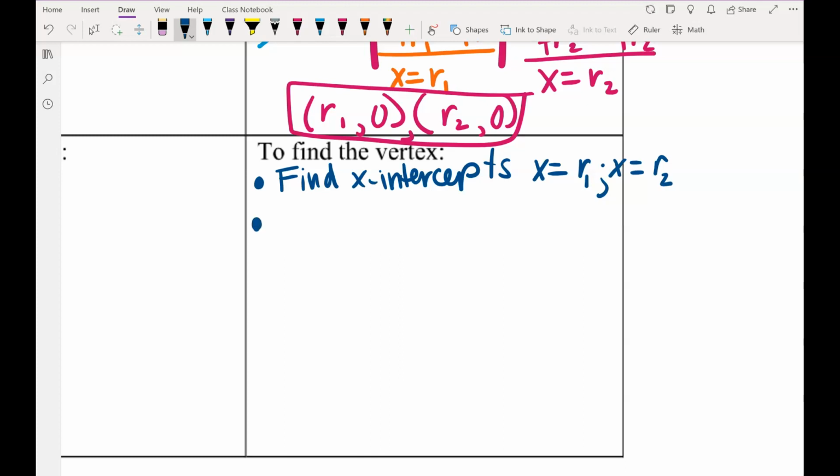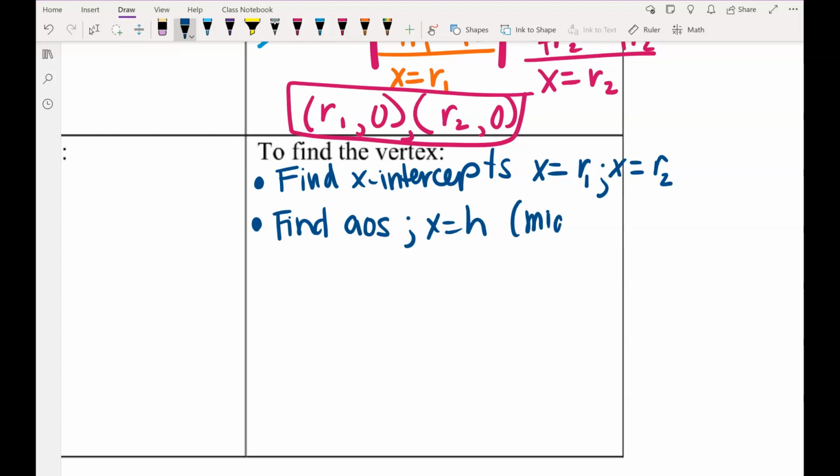Once we found the x-intercepts, we plotted them, and then what's the next step? We found the axis of symmetry, which is x equals h. And how do we locate that? On the right of the intercepts, on the left, or right smack in the middle?